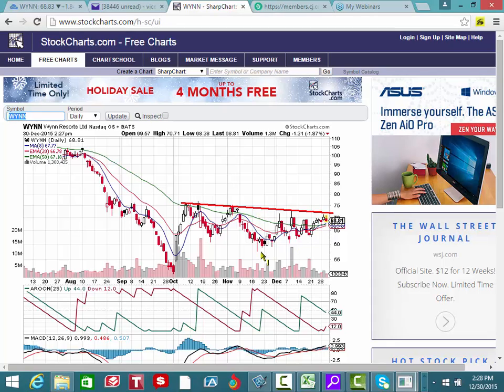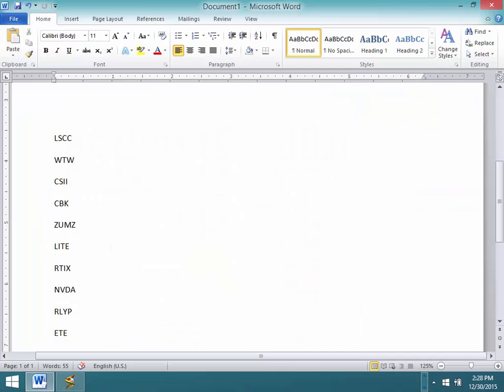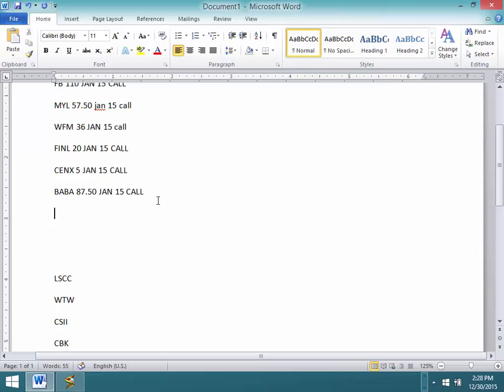It's an ascending triangle, similar to BABA. As soon as we break out of that triangle, we're going to get a big move. So this is a big potential trade. If we get the breakout, it's going to be a huge payout. I'm going with the 73 January 15 call.